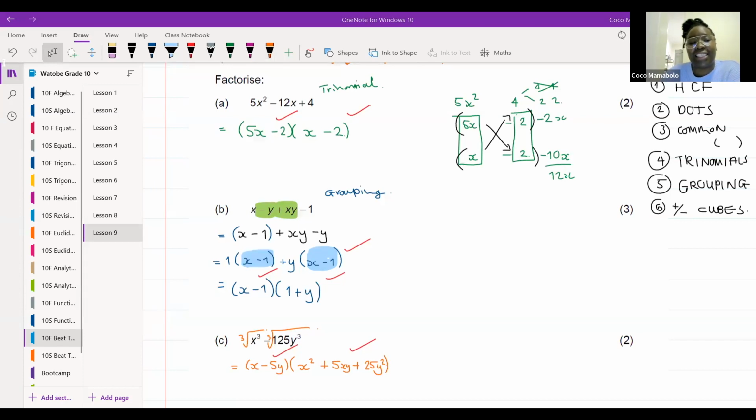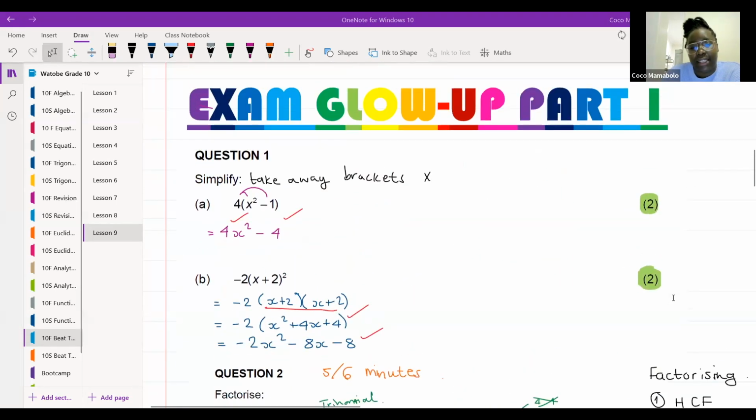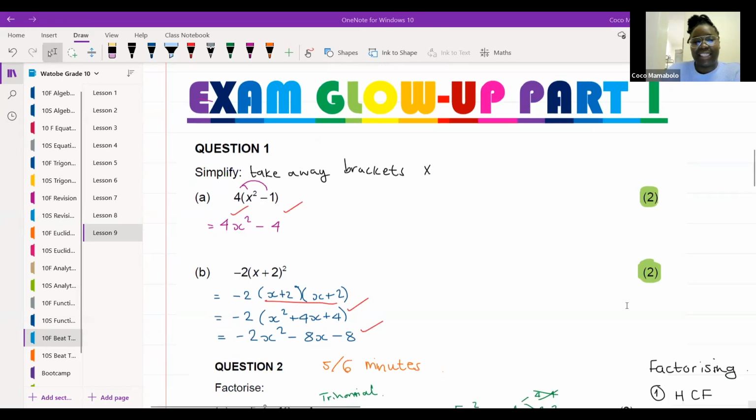Remember, guys, this section requires a lot of practice. Okay, Princess, you've got 5 seconds. 5, 4, 3, 2, 1. Let's go. Excellent, Princess.